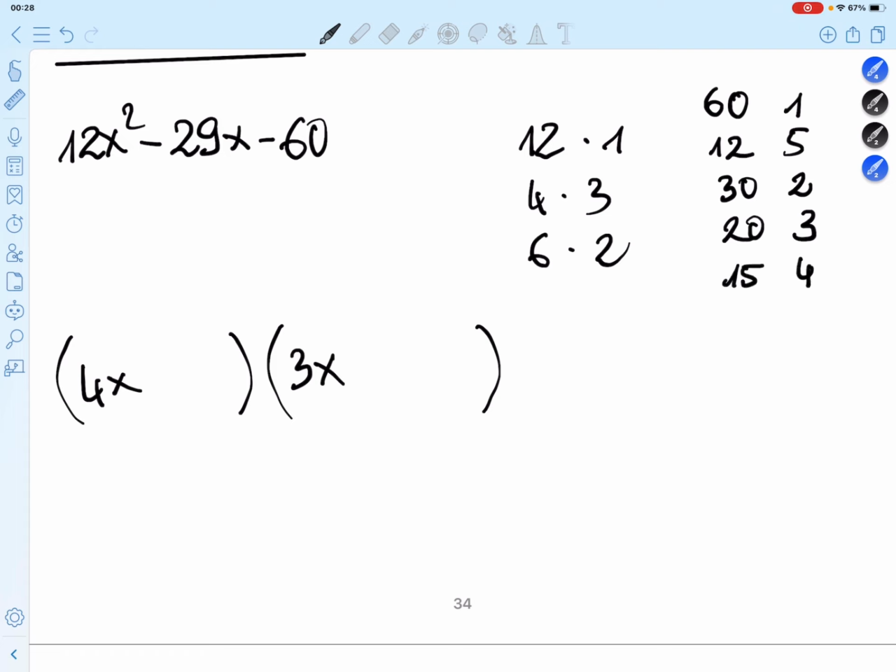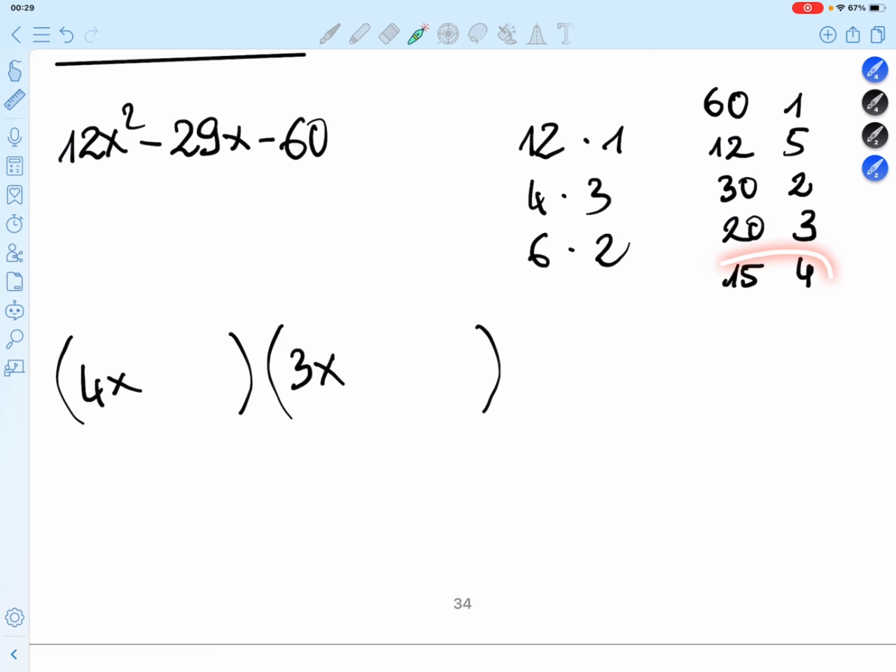So I have different numbers. Now I need to see which one I need to put here. So let's try. This is trial and error, so let's try the 15 and 4, right?